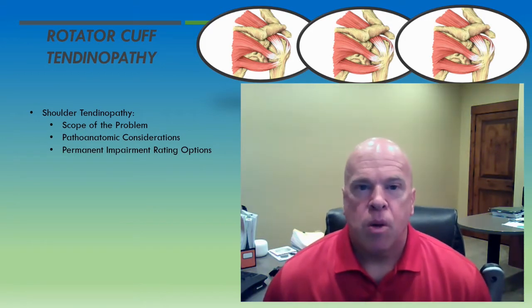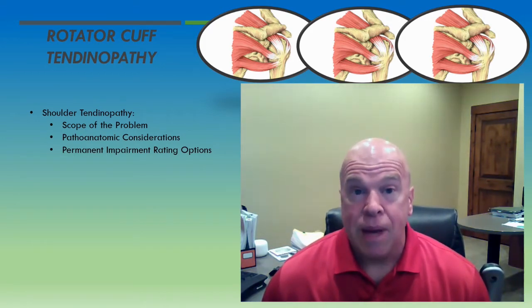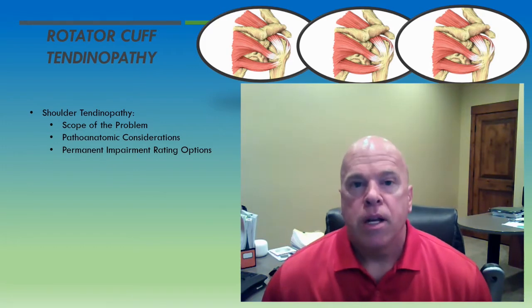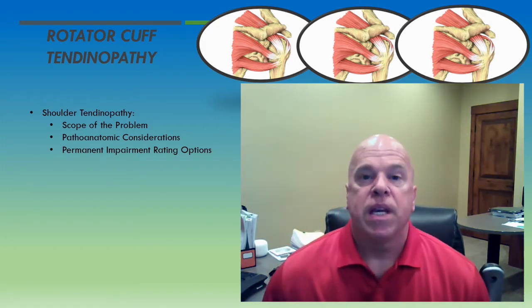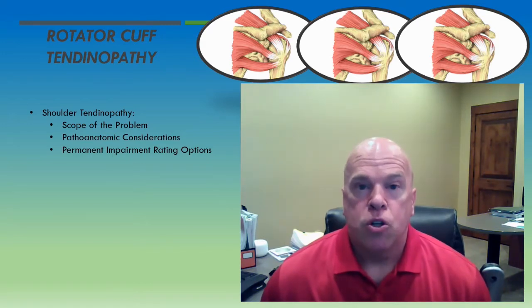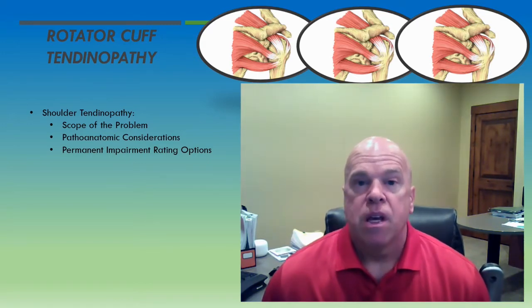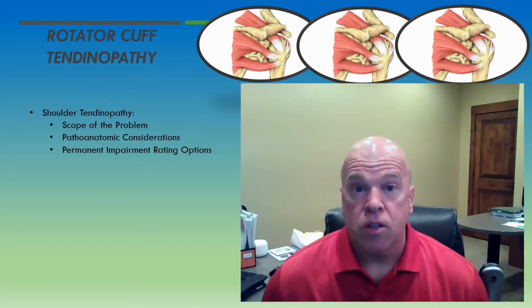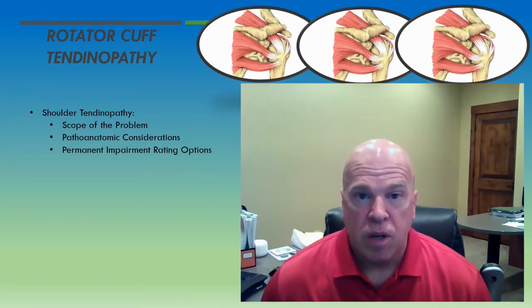And then we want to talk about some of the anatomy and the pathoanatomy of shoulder tendinopathy conditions so that you can get a good handle as to what actually is taking place in examinees who complain of persisting and ongoing shoulder pain symptoms that unfortunately becomes recalcitrant and stubborn to conservative treatment efforts.